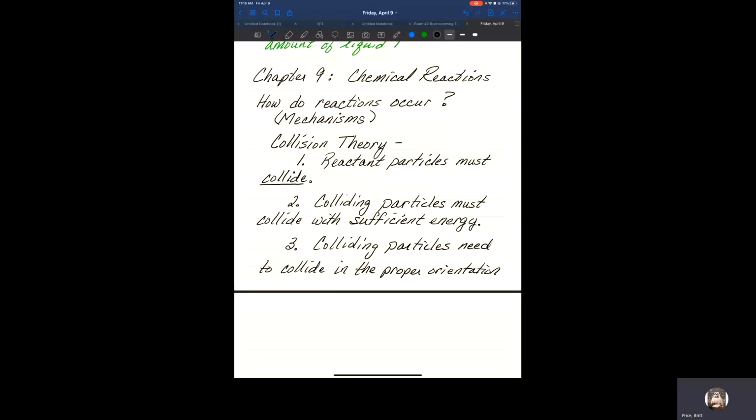So the three aspects: collision, energy, and orientation.